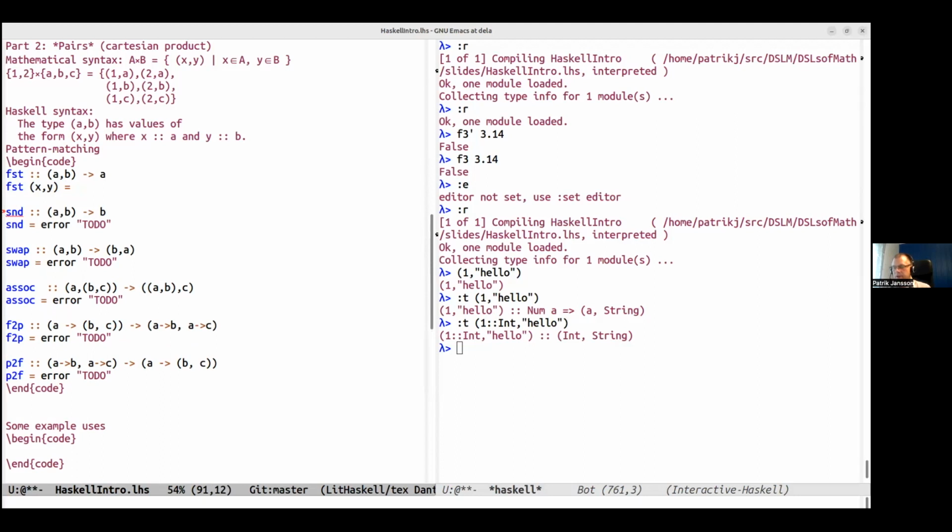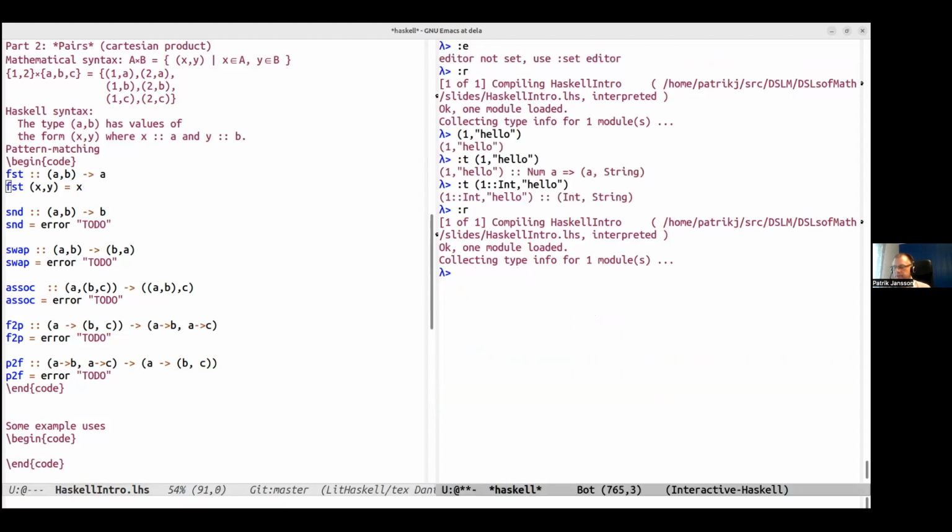Well, the only value which is correct to write here is X, because X has type A, while Y has type B, and those are the only polymorphic values we have in scope. So if we try this, it worked, and then we could say, what is first of this pair? Well, not surprisingly, it's the 1. It extracts the first component, throws away the second one.